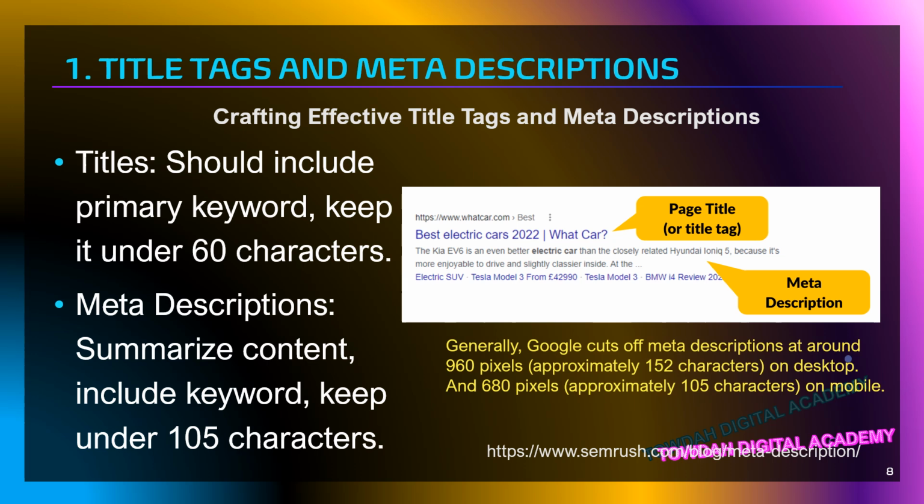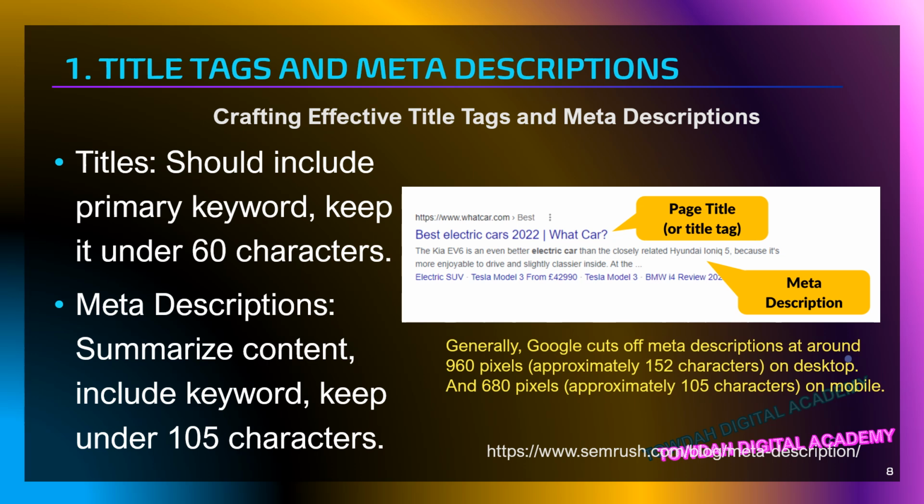And when we come to title tags and meta descriptions, you will take a look at this image that we have here. You can see the arrow points to the title tag. That's the title tag, and what you have under there is the meta description.